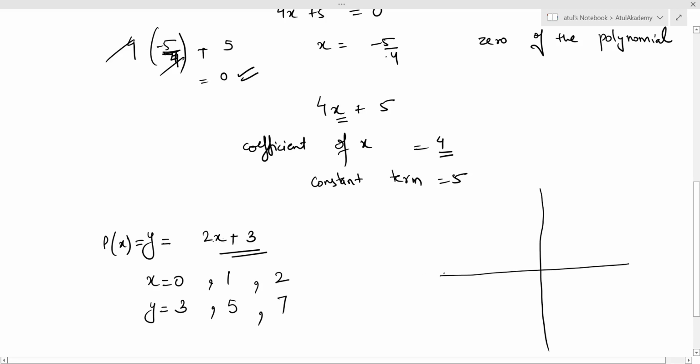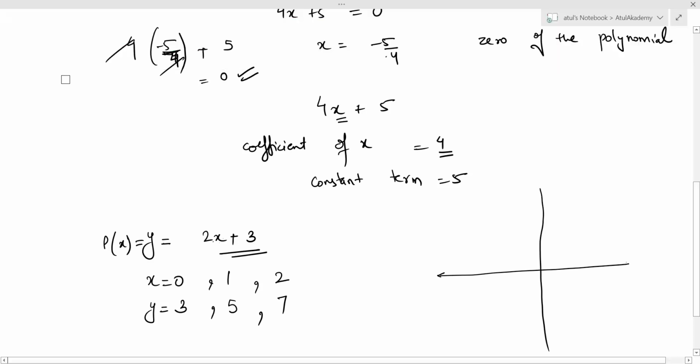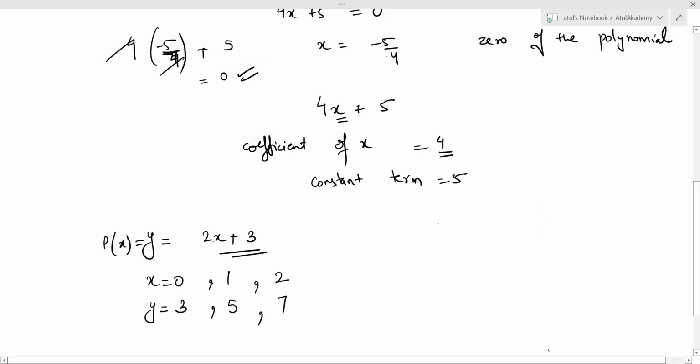So let us try to plot them. Let me just erase this, because I'm not taking negative values.